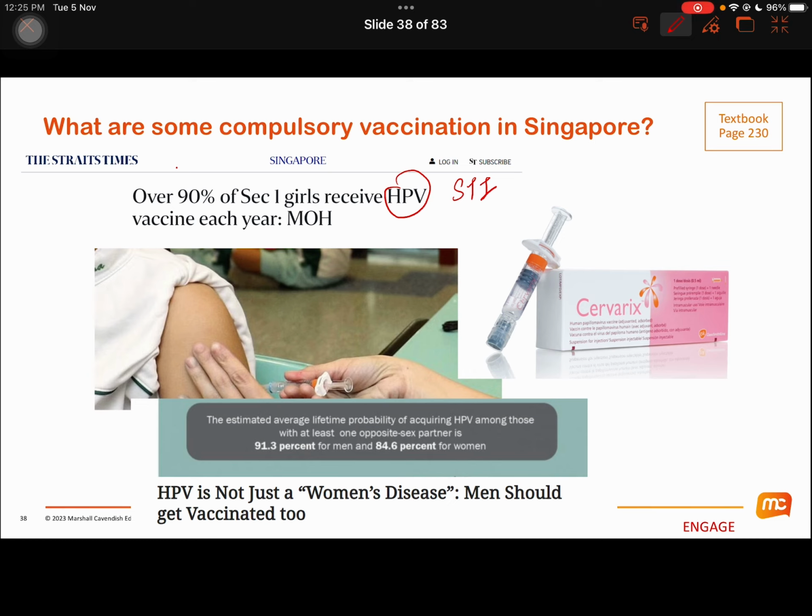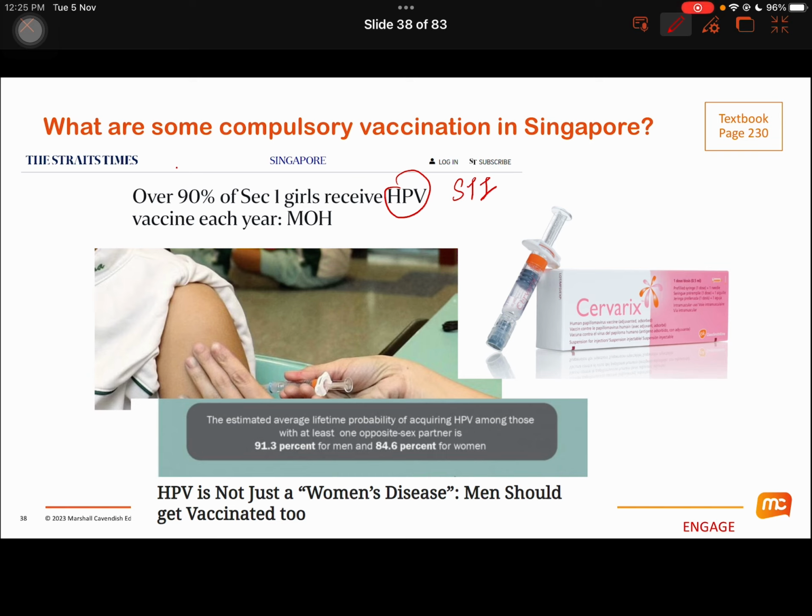And in Singapore, ever since 1 or 2 years ago, we have made the first vaccine free for all Secondary 1 girls. So if you have younger siblings, female siblings, do ask them if they have received this jab from their school in the first year.